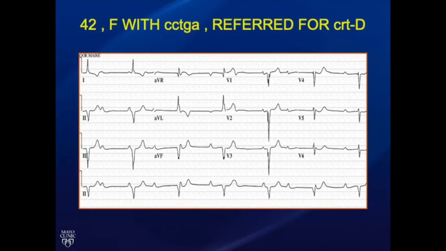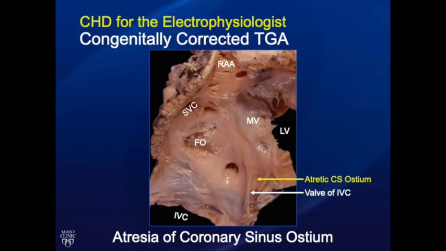As a result, sometimes you'll have to target that site for mapping, and especially if you've documented that the mid-septal node is dominant, then this can be a site for successful ablation in difficult AVNRT in this patient population. A quick word about device management in CCTGA.